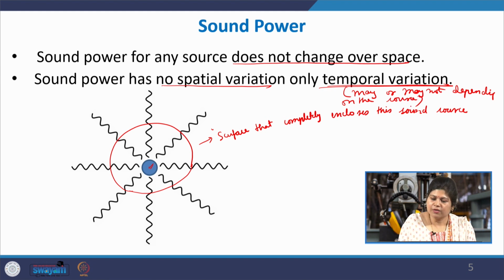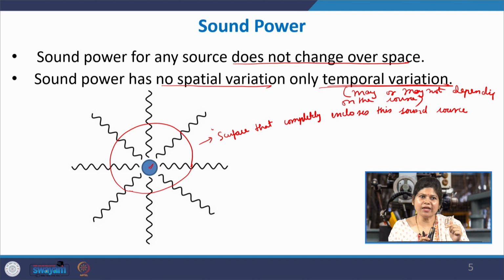Let us say, for example, I will take the analogy of light energy. We had a light bulb, we switch it on and off over time. So, it is radiating the energy into the space, then it stops radiating the light energy, then again it radiates and then stops, depending on how we are switching it on and off.